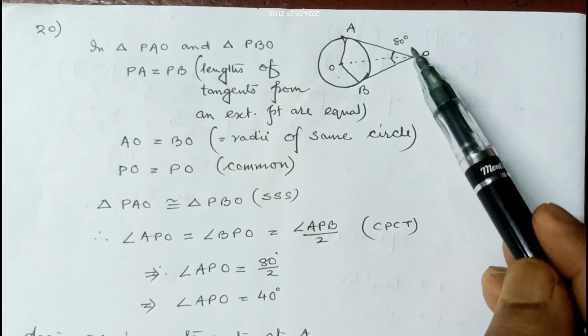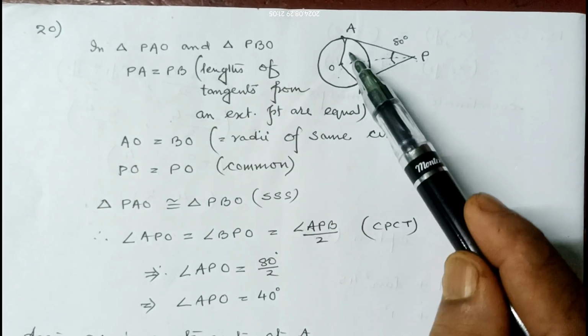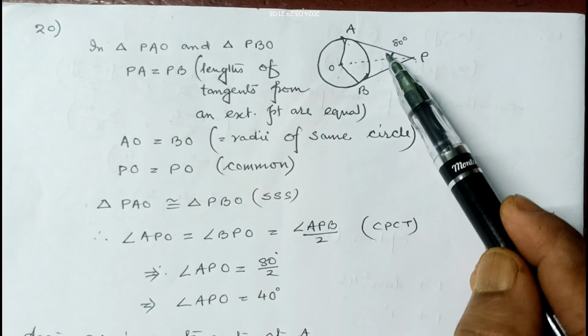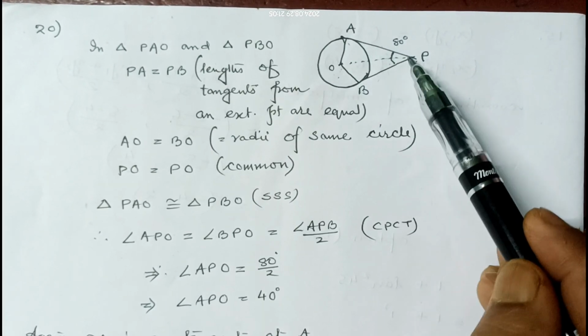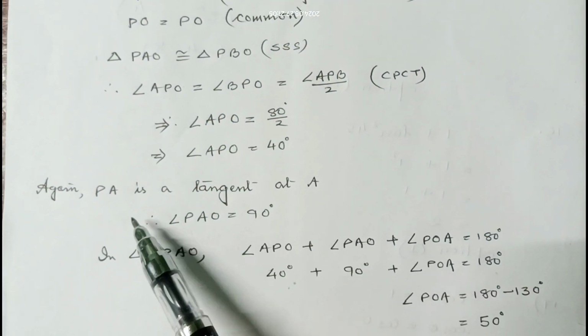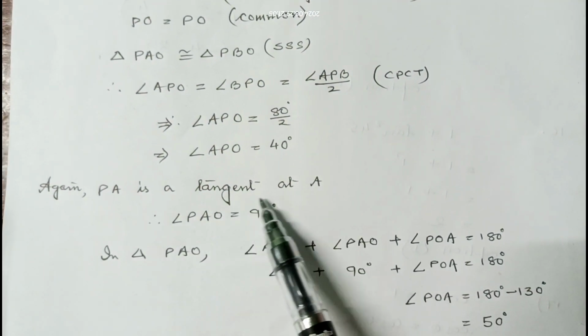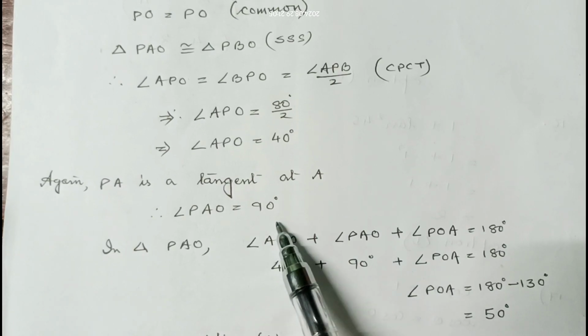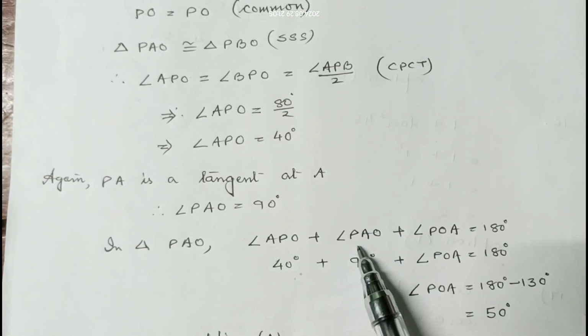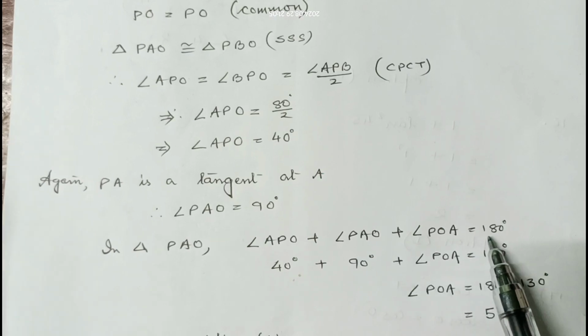In triangle OAP, AP is the tangent, so this angle will be 90 degrees. So this is 90, this angle is 40. Now we can use the angle sum property to find angle AOP. So here we have written PA is a tangent at A, so angle PAO is 90. Now in triangle PAO, APO plus PAO plus POA is 180.